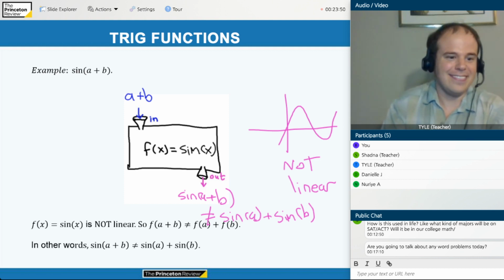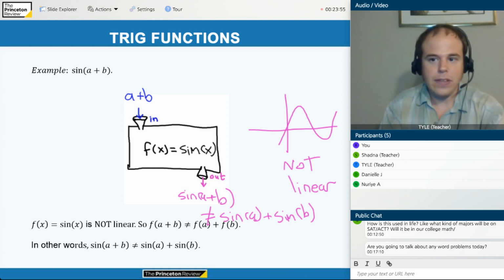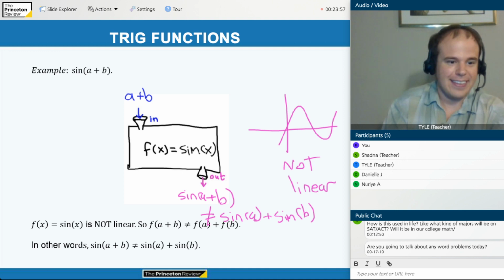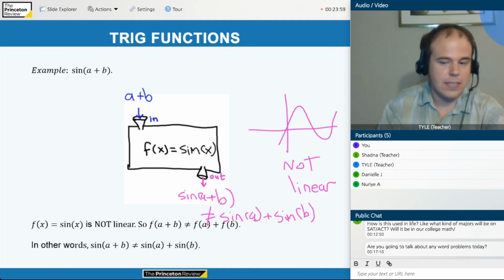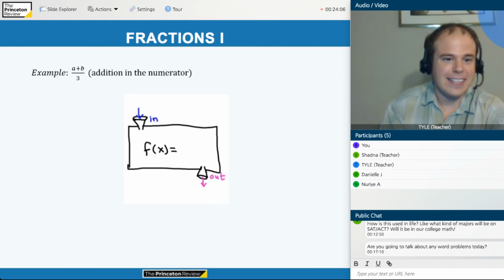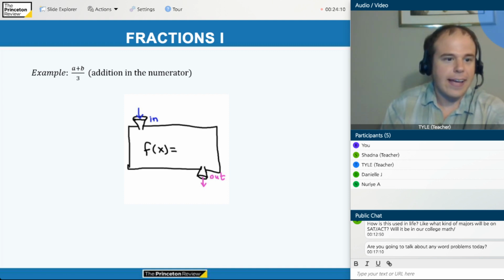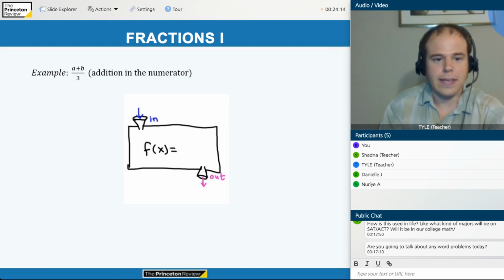Okay, fantastic. The same would be true for both cosine and tangent. Those aren't linear either. And so we can't split up the function over additive inputs for sine, cosine, or tangent. Let's look at this one, fractions. So a plus b divided by 3. What's f of x in this case? What's the operation that we're performing, and what are the inputs?